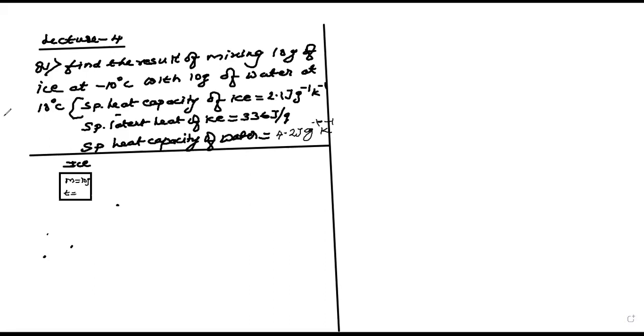I'll just write the temperature directly, okay? I'll not show anything like T and all, so there's no confusion. Just see, this box represents the ice. There is 10 gram of ice, and it is at minus 10 degrees Celsius, okay?